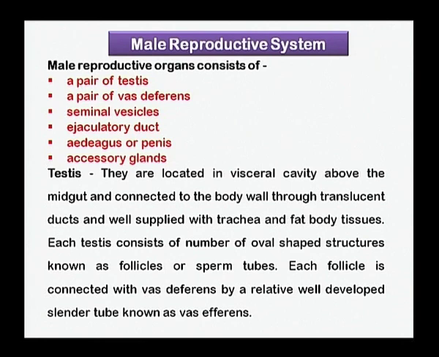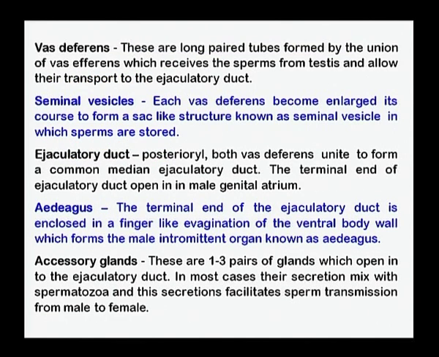However, the posterior part of the testes is attached to the tube-like structure which is known as vas deferens, and both these vas deferens, or the tubes, further go downward and open into an ejaculatory duct, and the ejaculatory duct further opens into the male genital atrium, which is surrounded by the aedeagus or the penis.